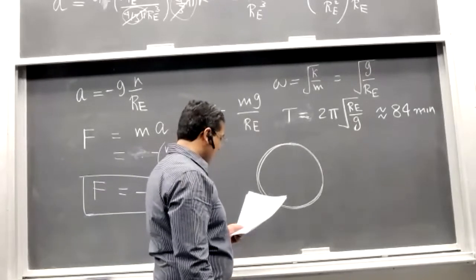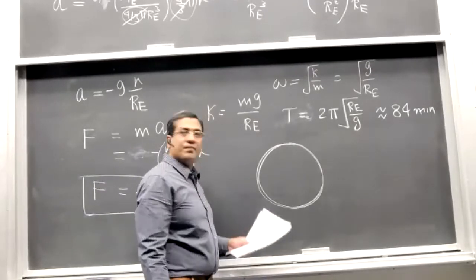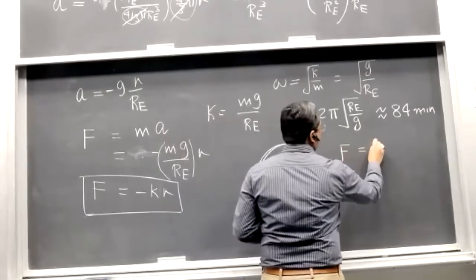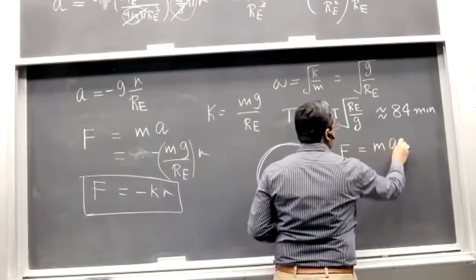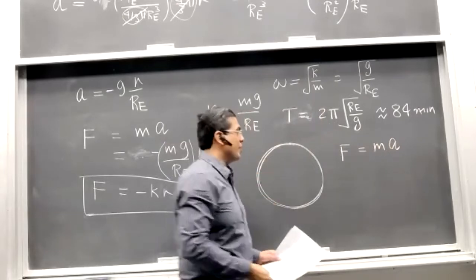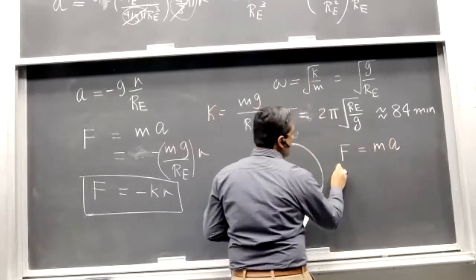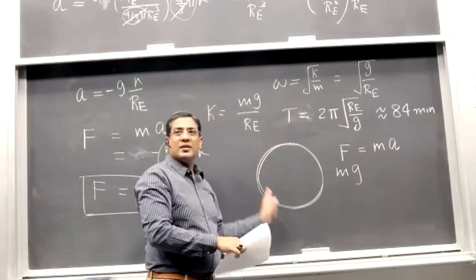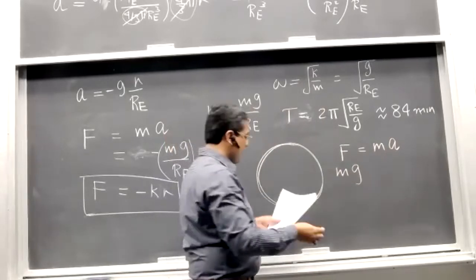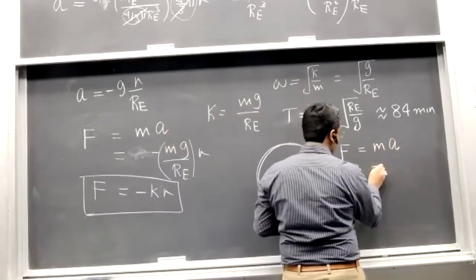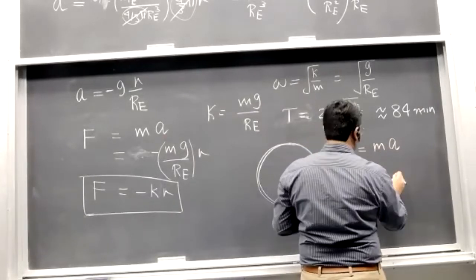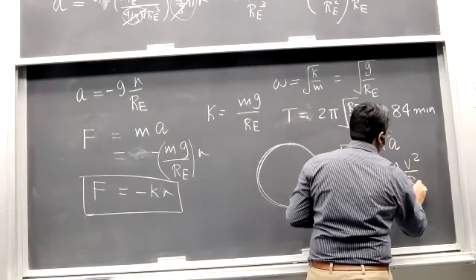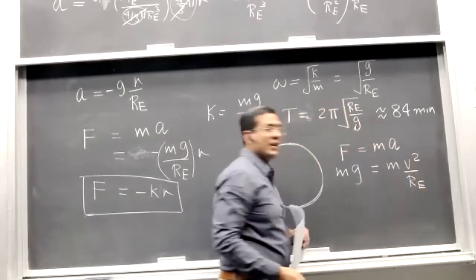How do we do that? So we have a force that produces a centripetal acceleration. The force we know is mg, because we are at the surface of earth, and we know that centripetal acceleration is v squared over R_e.